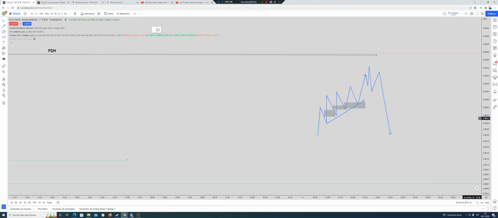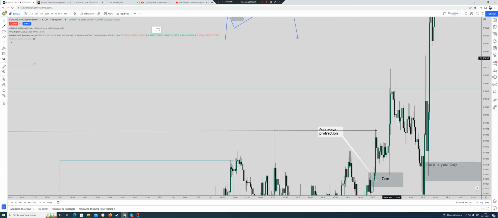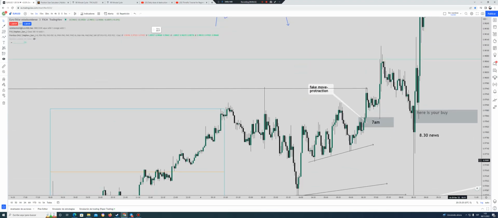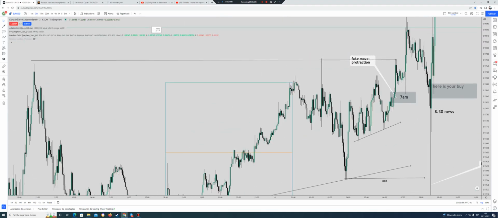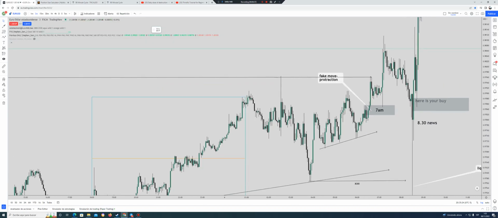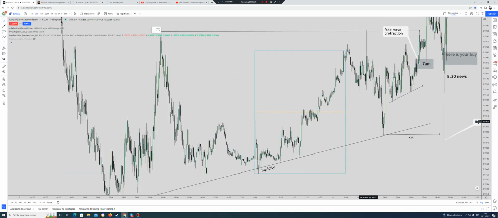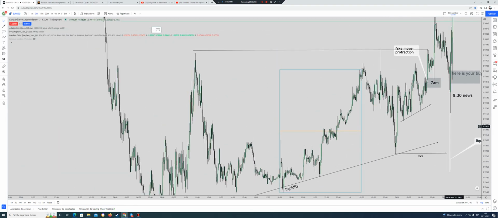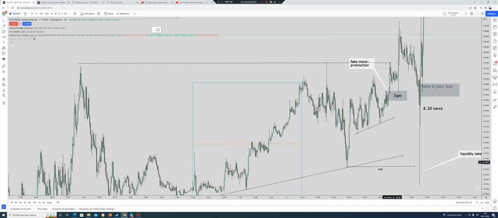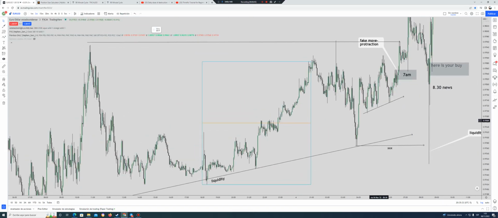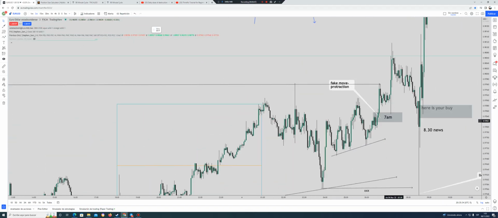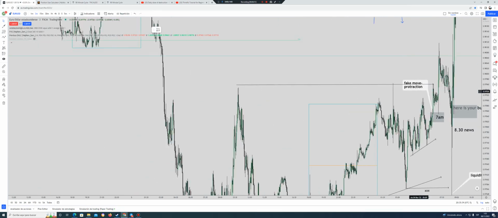Week lows and week highs are the ones that are already mitigated. So okay, let's forget that. That was a plus. As you know, those lows are week lows, and we got sell side liquidity here below. What can we expect? 7 a.m., the fake move to the upside, taking these orders here, and then what happened?